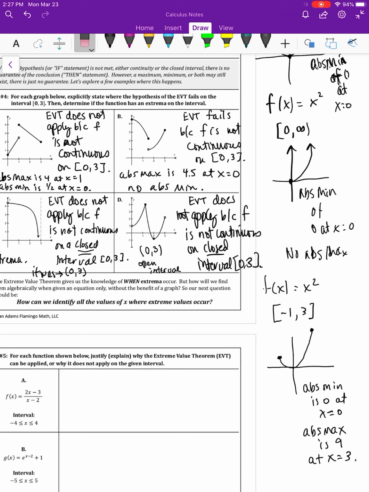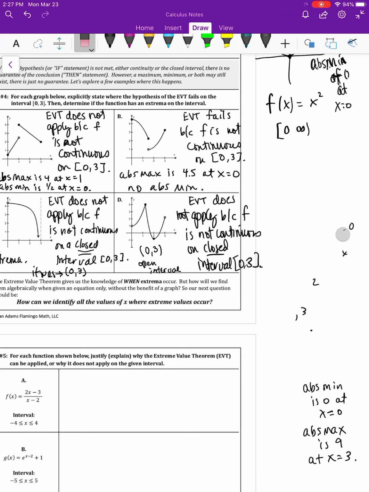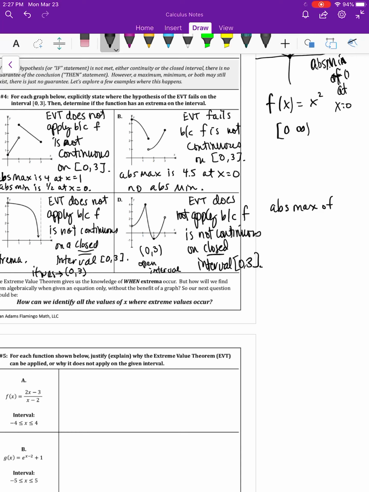And for this one, though, I'm going to have to erase some of this old stuff so that I can write a little bit more about that letter D, because I forgot to include that it does have an absolute max of about 4 at x equals about 1.2.